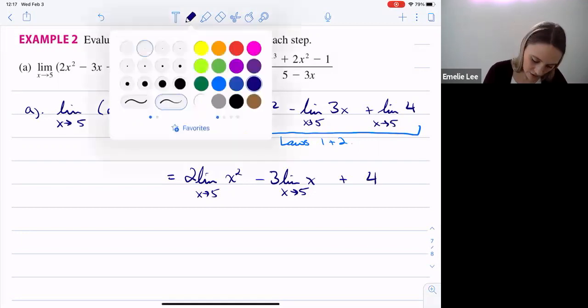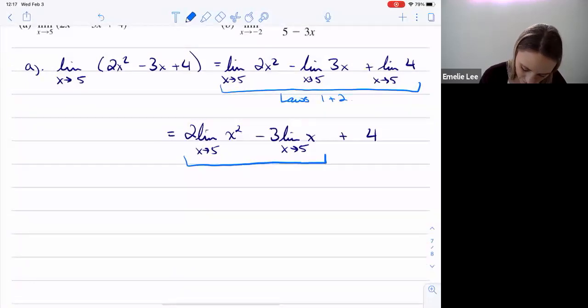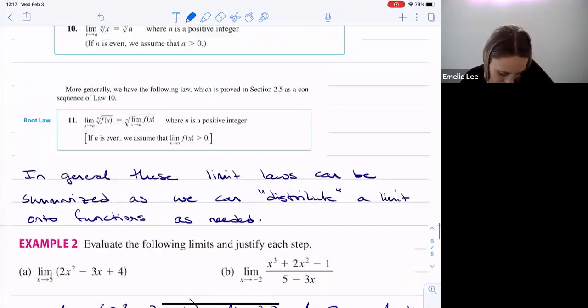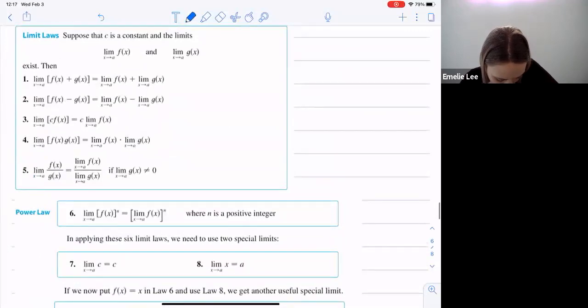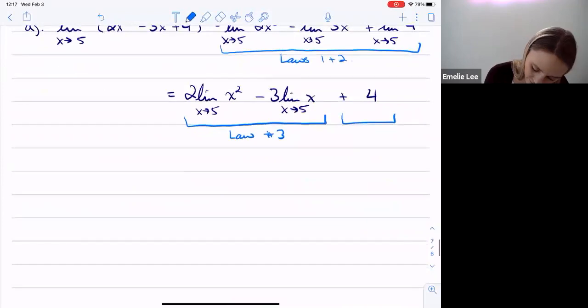So for these first 2 terms, I used law number 3. And for the constant, I used law number 7.